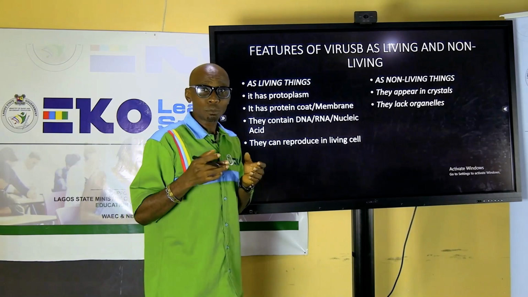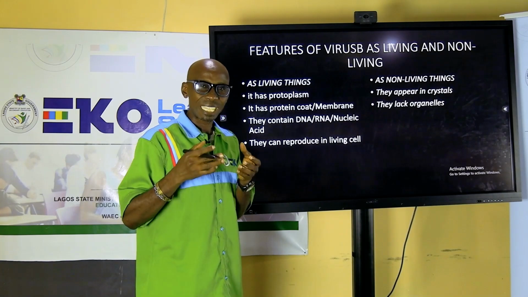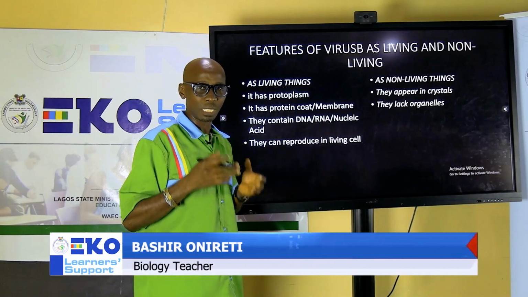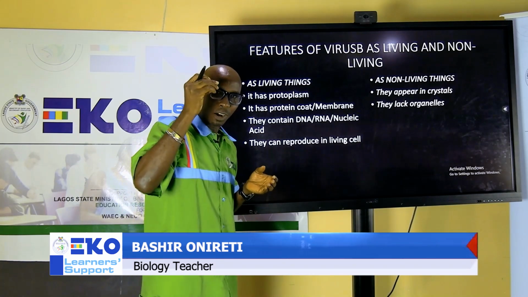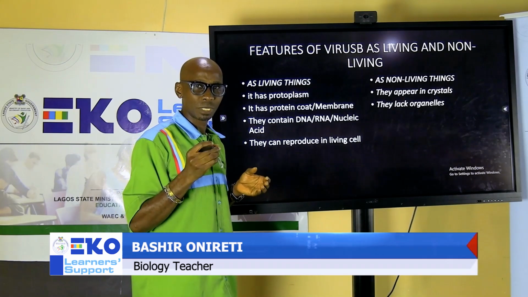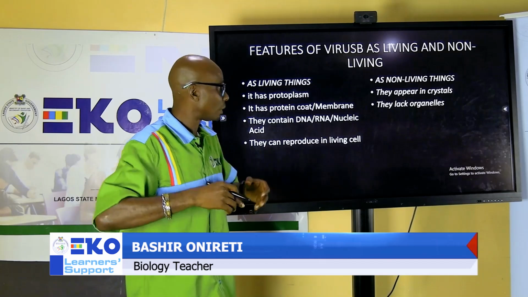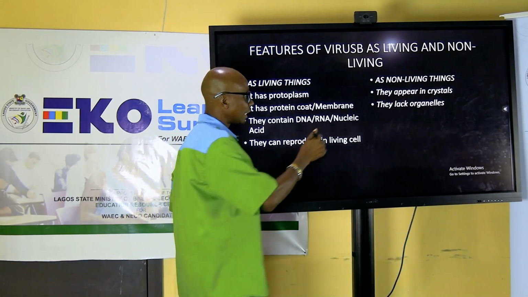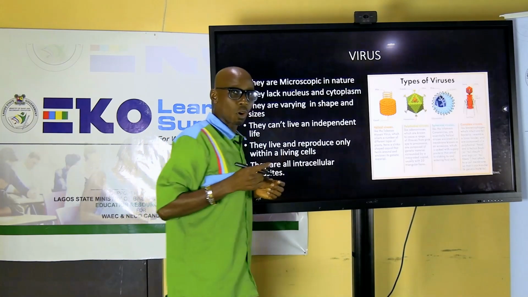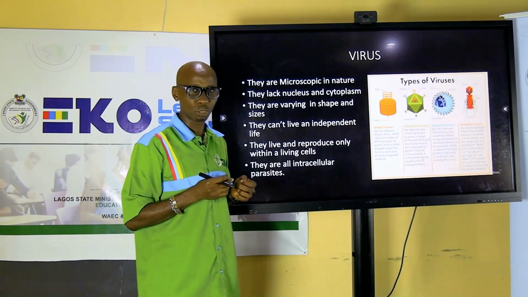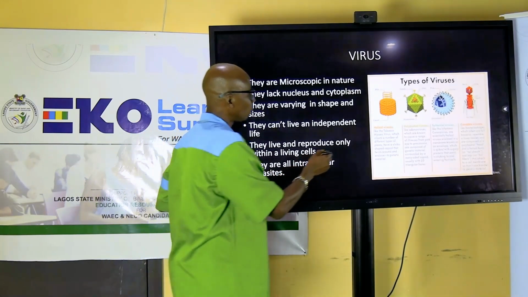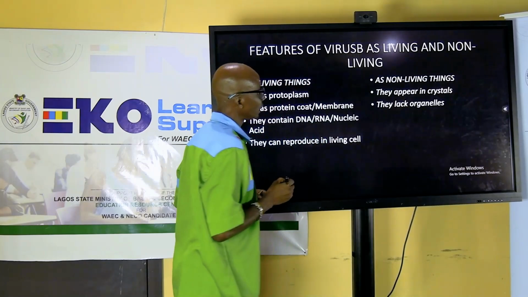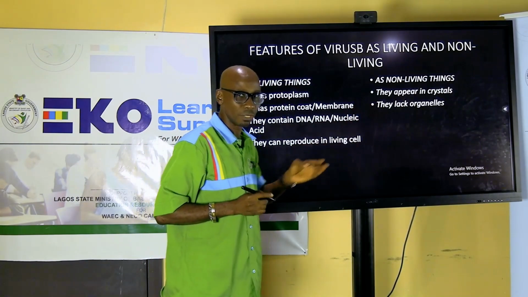That is why they ask us to sterilize all our sharp objects before using them, because a virus can stay on the metal for a long time. If it gets its way into a system, it becomes alive. Then they lack organelles. Organelles are small cellular structures which are missing in virus. It's one of the reasons why virus is regarded as a non-living thing.